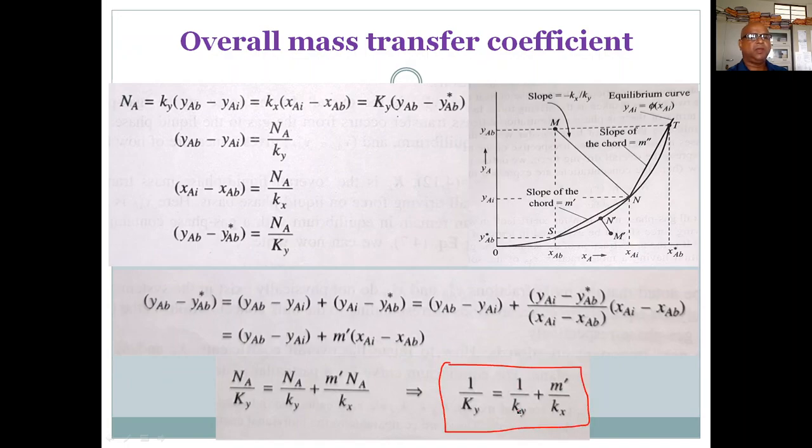So 1 by Ky equals 1 by ky plus m dash by kx. Now if you understand this one, what is Ky? Mass transfer coefficient based on gas phase.